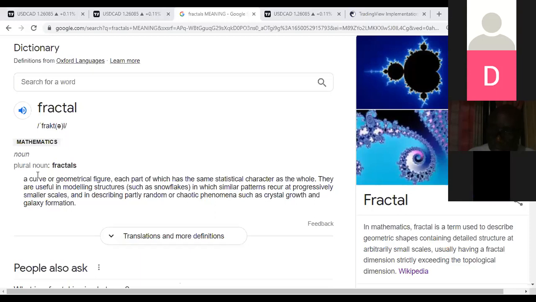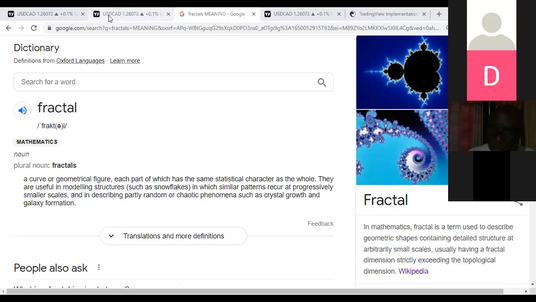All right. Now, this is not an exam. You're not doing this because of exams. I just want to sink something into us. They are useful in modeling what? Structures in which similar patterns occur or reoccur at progressively smaller scales.